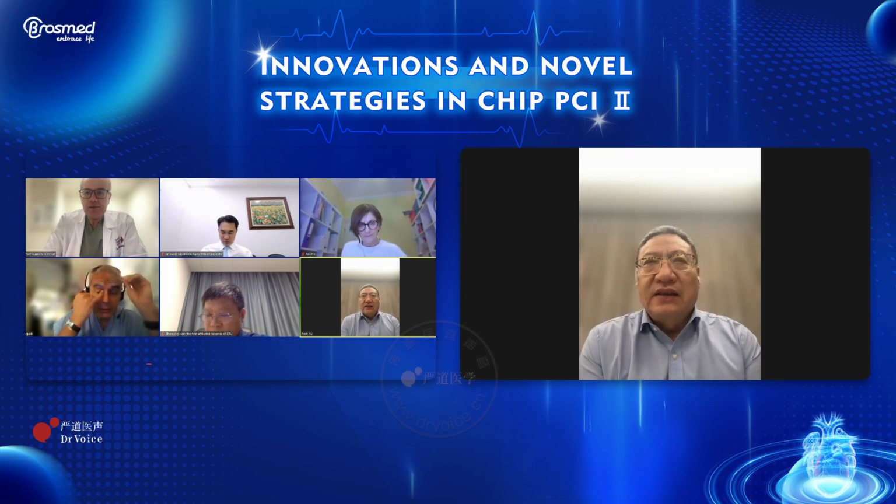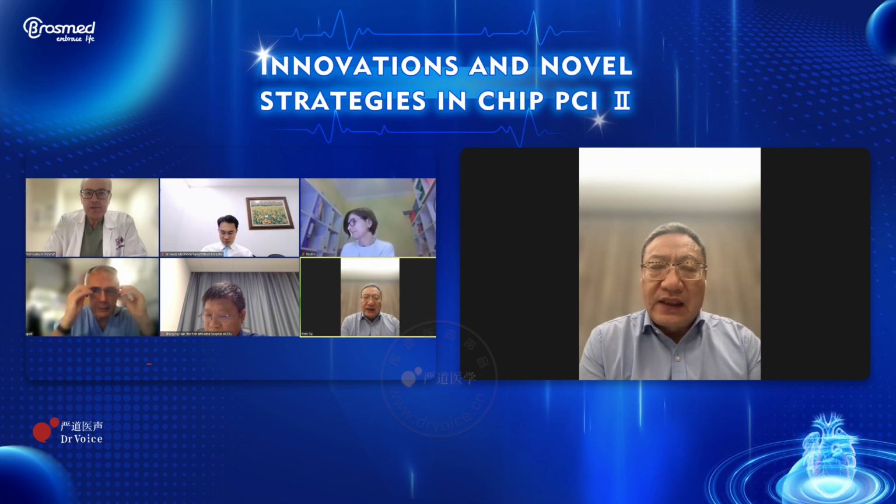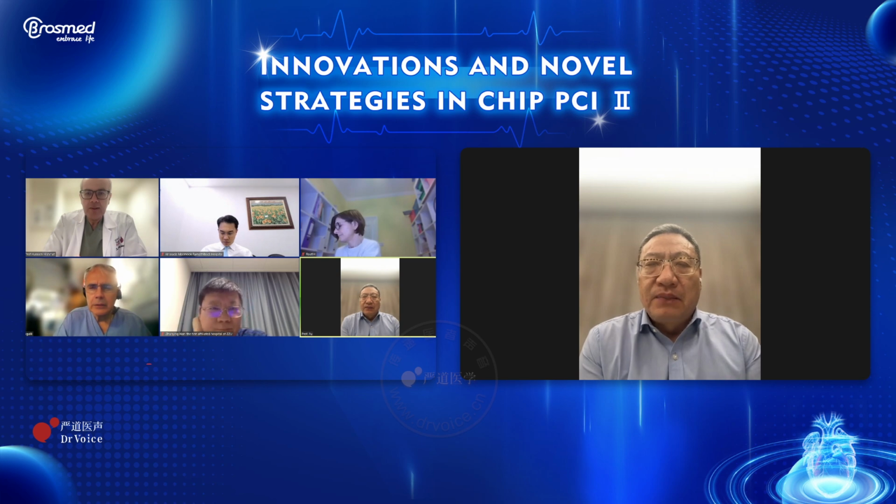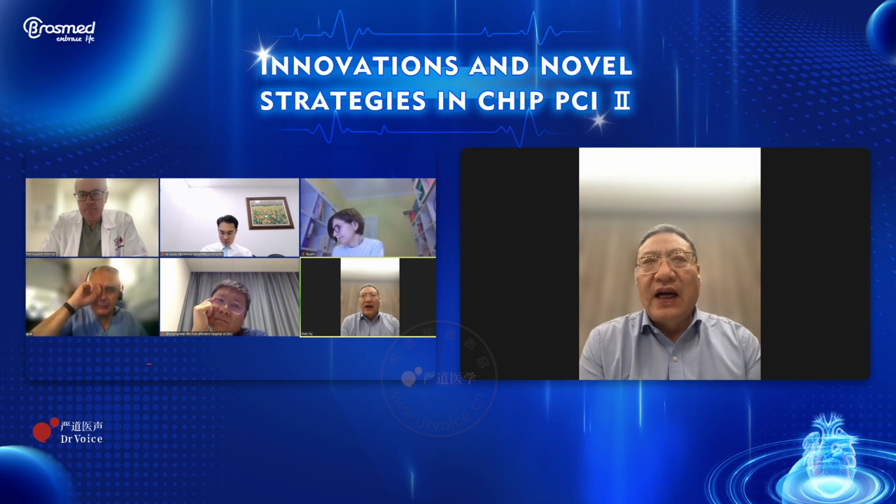To my understanding, especially for ST elevation myocardial infarction patients, usually it's plaque rupture. Normally, if the patient has a full lipid plaque and rupture, they will usually have an ulcer.